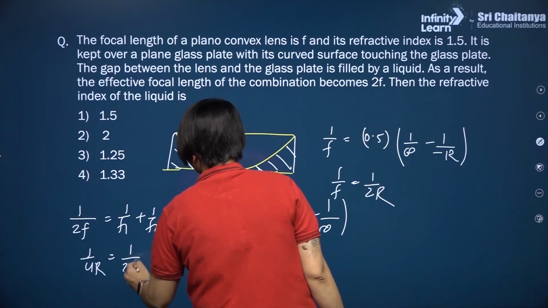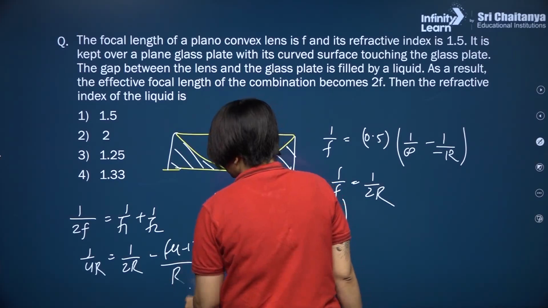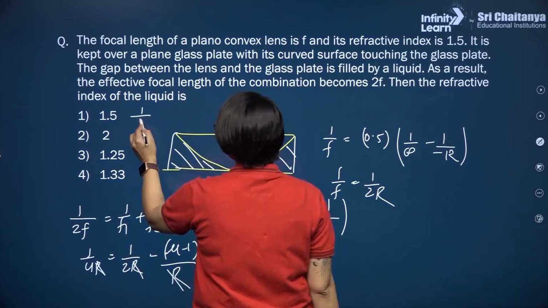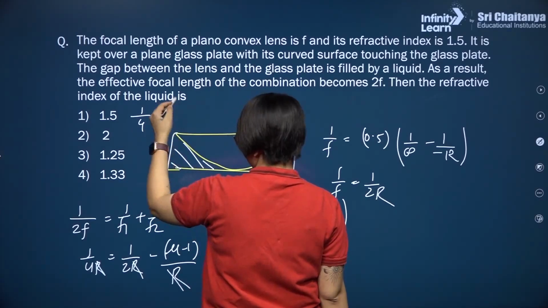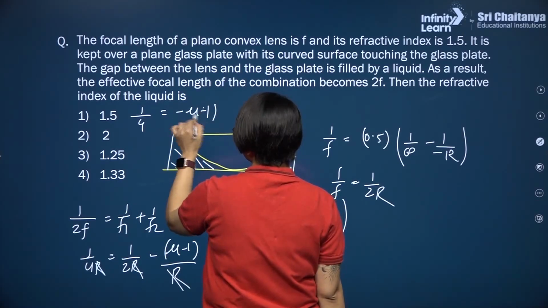1 upon f1 is 1 upon 2r. This is minus mu minus 1 divided by r, right. So, this will give you what? 1 upon 4 minus 1 upon 2, 1 by 4 is equal to minus mu minus 1 plus 1, right.